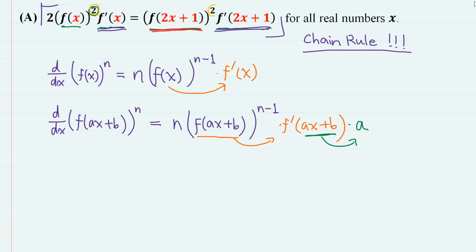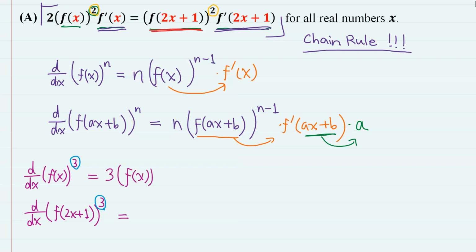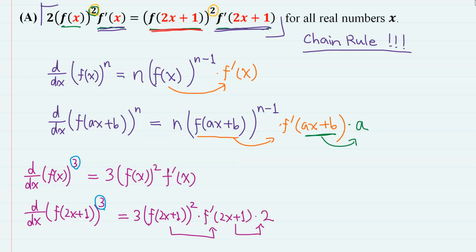With this knowledge, let us take a look at the given condition again. Since we have powers of 2, it is clear that each side comes from the derivative of a function cubed. If you differentiate f(x) cubed, you will obtain 3 f(x) squared f'(x), and if you differentiate f(2x+1) cubed, then you will obtain 3 f(2x+1) squared times the derivative f'(2x+1) times the derivative 2, which is 6 times f(2x+1) squared f'(2x+1).